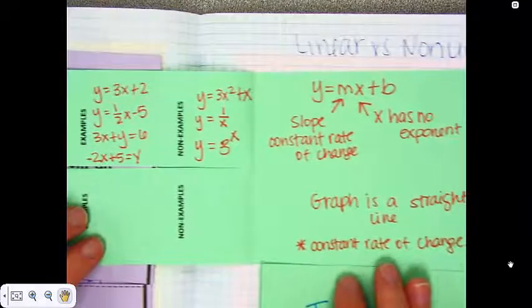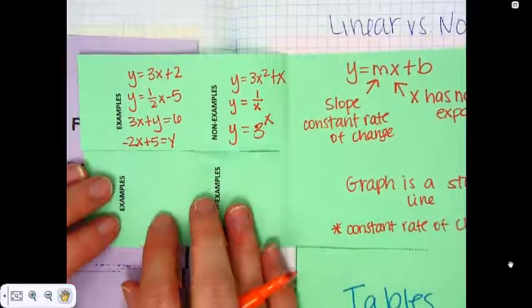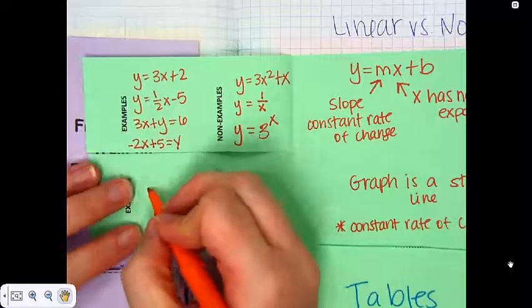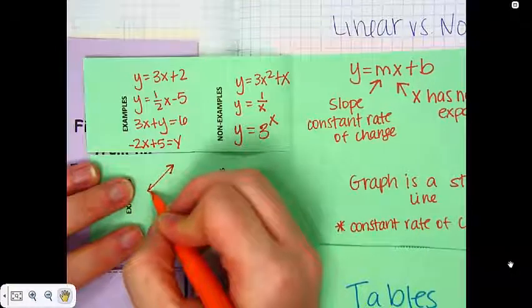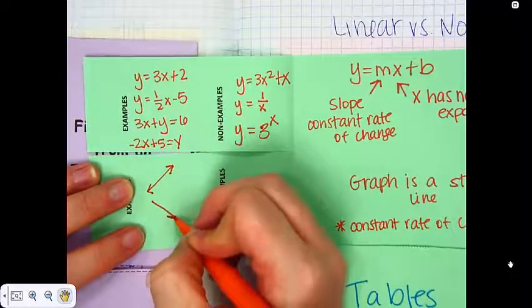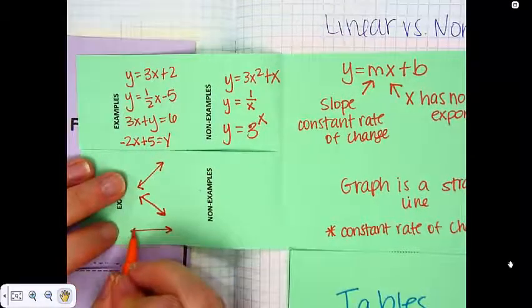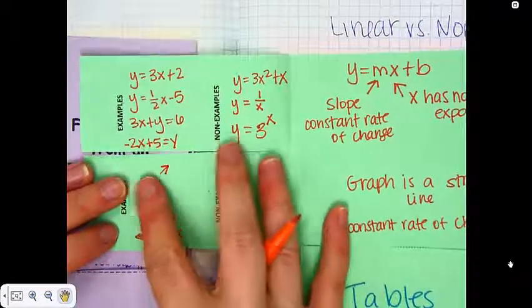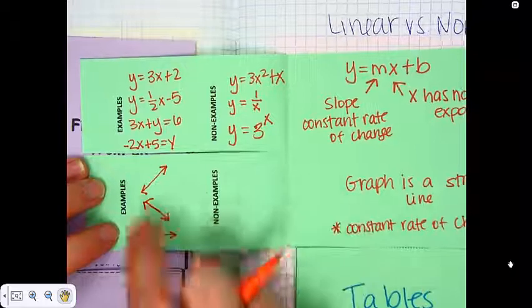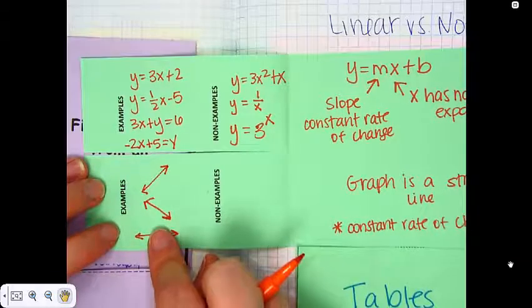Okay, so we talked about a couple of examples. We said straight lines can have positive slopes, they can have negative slopes, or they can have zero slopes. They can be horizontal lines. Okay, so we have positive slopes, negative slopes, zero slopes. All of these lines are considered linear.